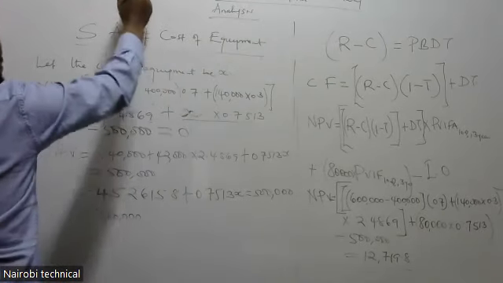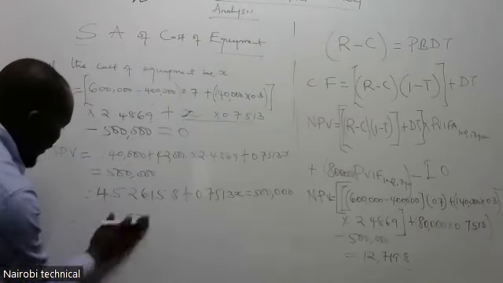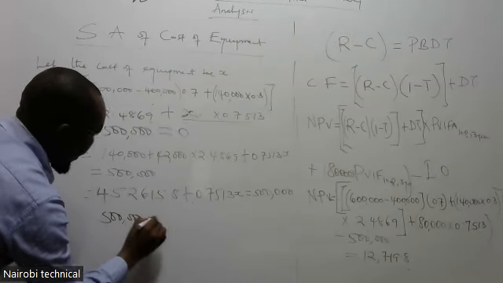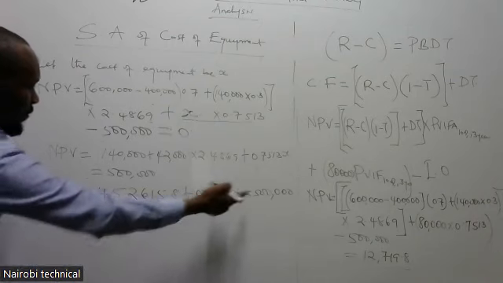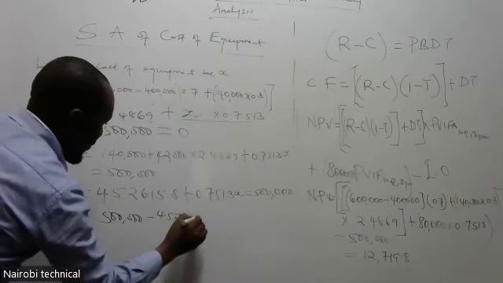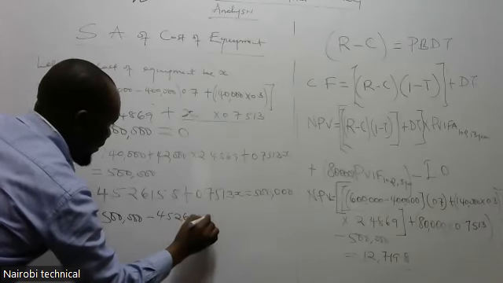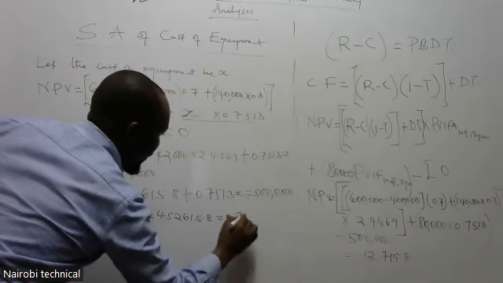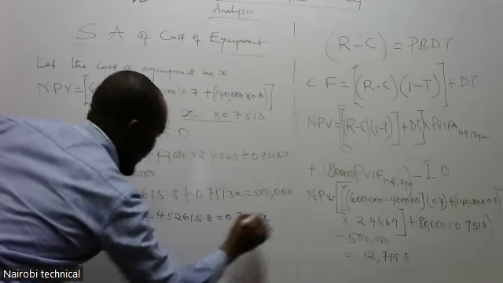So 500 minus 45 to 61.8 is equal to 0.7513x.